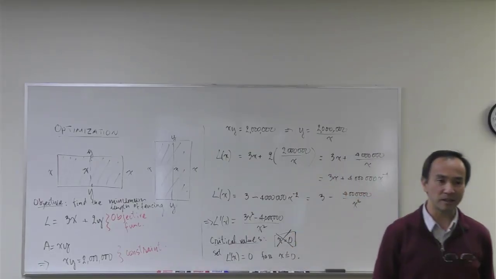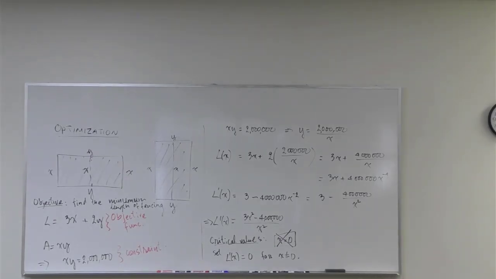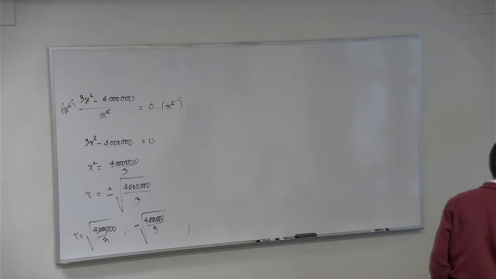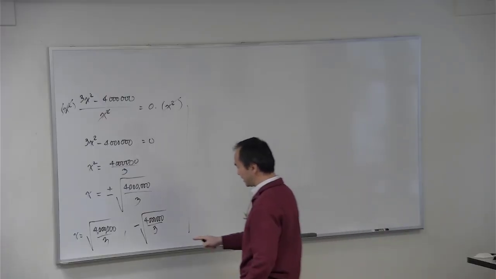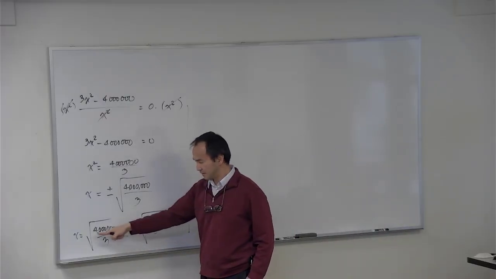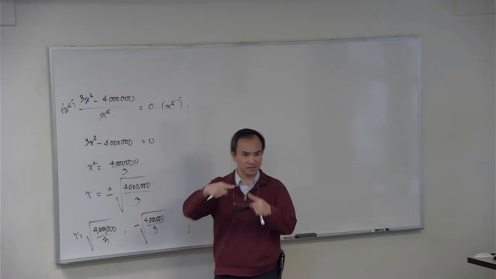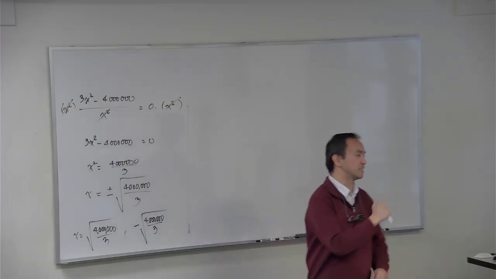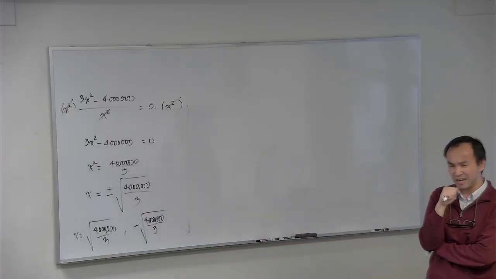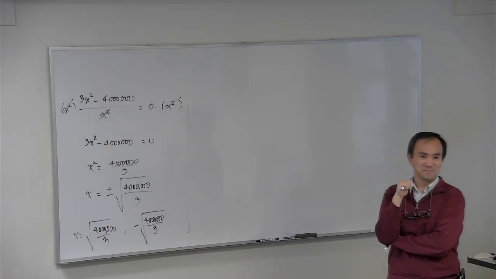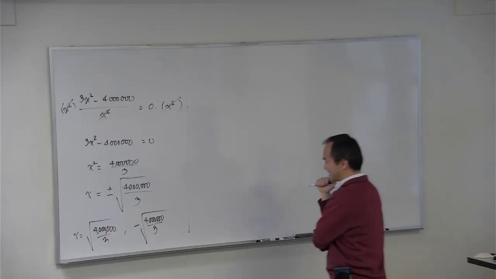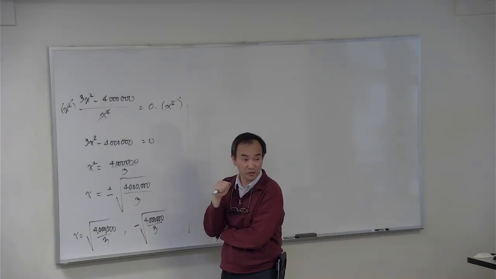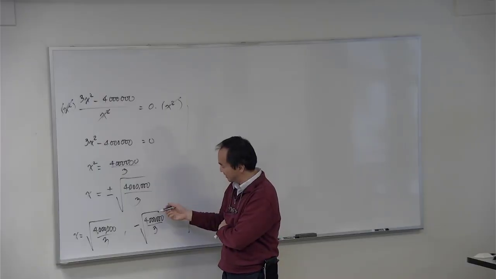And then among the critical values that we found by solving for that derivative equals 0, among these 2 critical values, the x here means what? The length, right? The length that we drew right there in that picture. So can x be a negative quantity? X cannot, right? It's a length. It's an actual length of one of the edges of our yard. So it cannot be a negative.